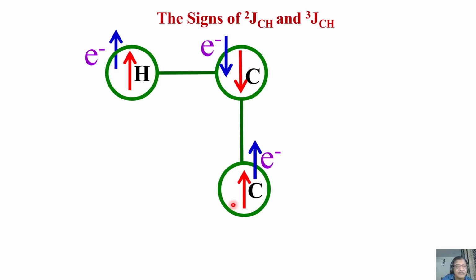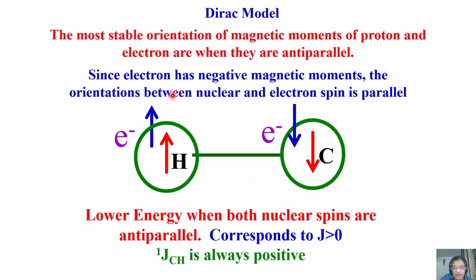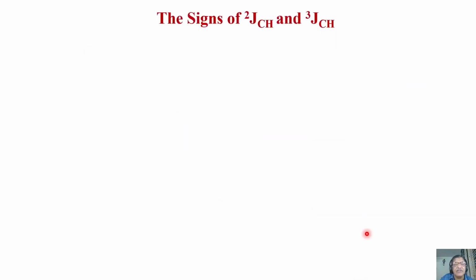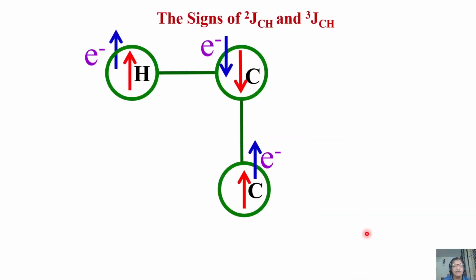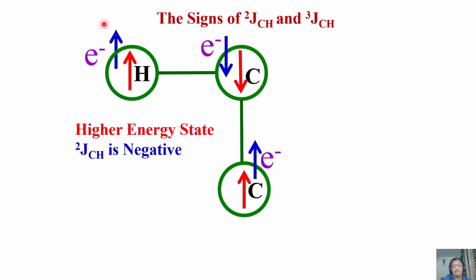What did I say in the previous case? When they orient anti-parallel to each other, it is a lower energy state, and a lower energy state corresponds to a positive J coupling. Please understand that's a convention. In this case, what is happening? They are parallel to each other. It is a higher energy state, a little unstable configuration.